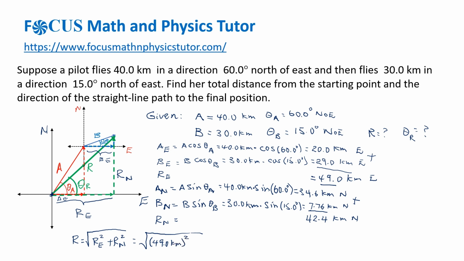Square it plus 42.4 squared. That will be 64.8 kilometers. That will be the magnitude of the resultant.